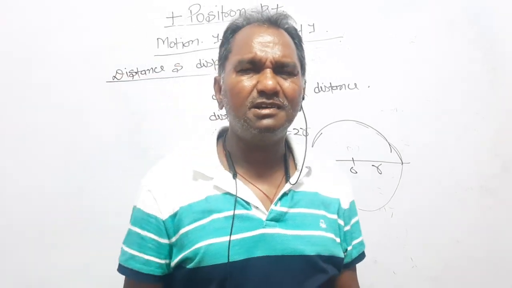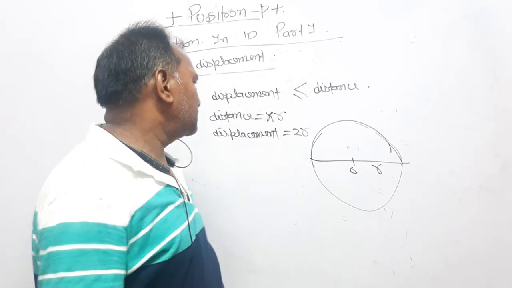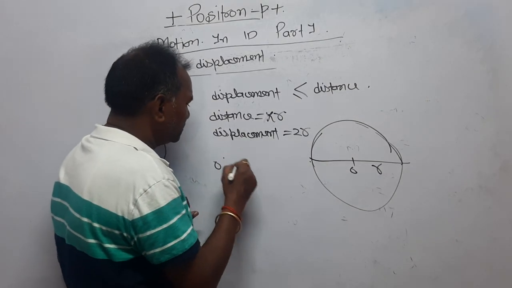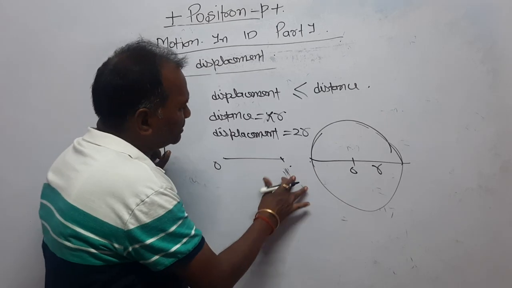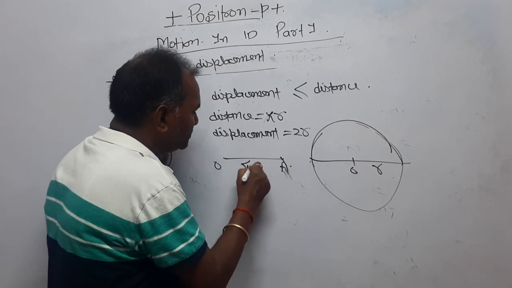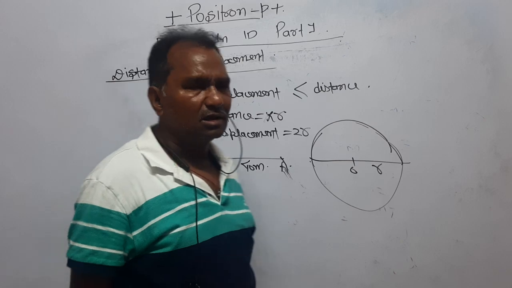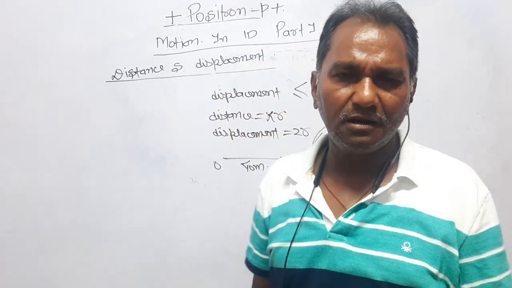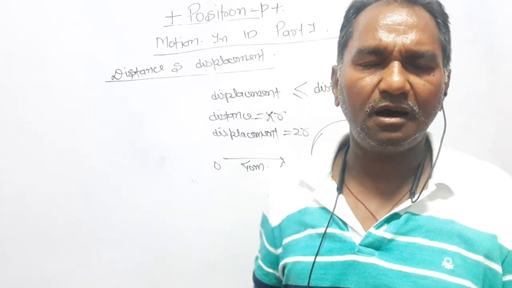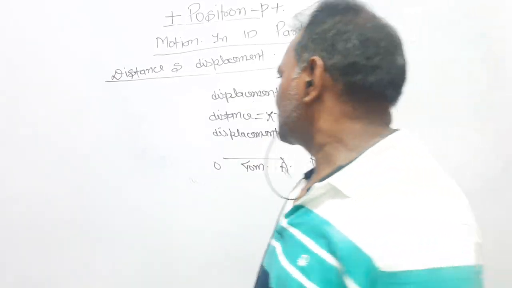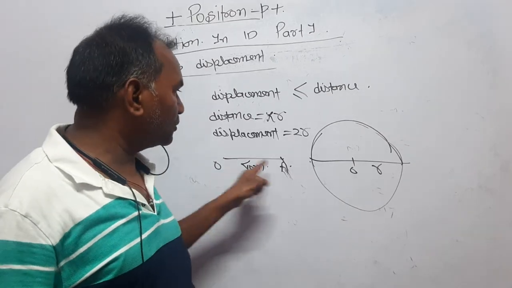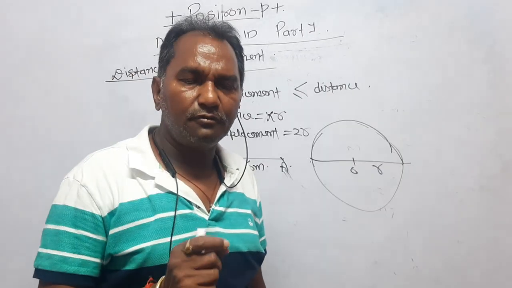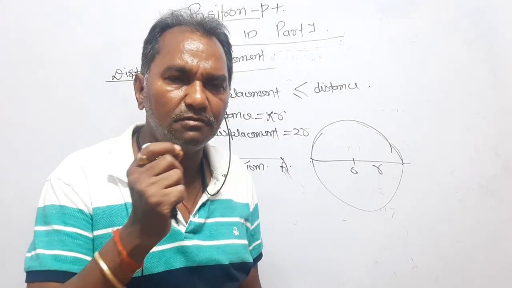When will the distance and displacement be equal? If a body is traveling from O to A in a straight line, let it cover 40 meter distance. The 2 points O and A are on the same straight line, 40 meter apart, then from O to A the distance covered will be 40 meter and displacement also will be 40 meter.